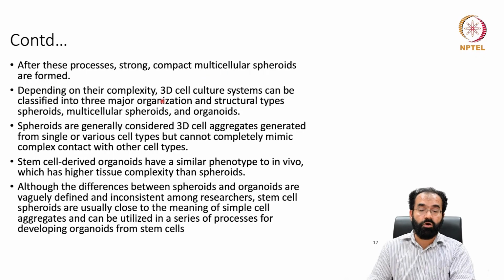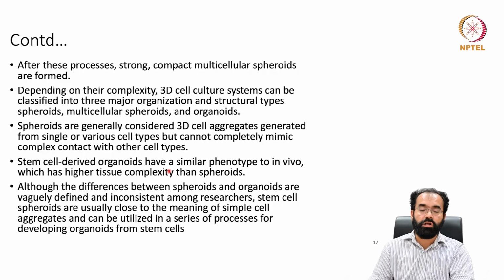Depending upon their complexity, 3D cell culture systems can be classified into three major organizational and structural types: spheroids, multicellular spheroids, and organoids. Spheroids are generally considered 3D cell aggregates generated from single or various cell types, but cannot completely mimic the complex contact of other cell types.